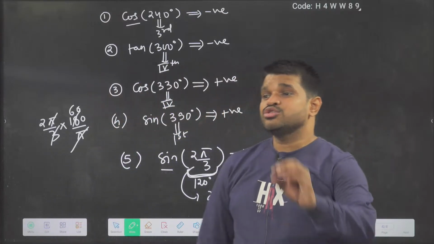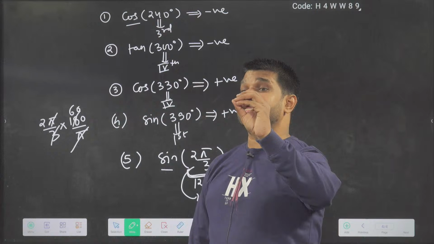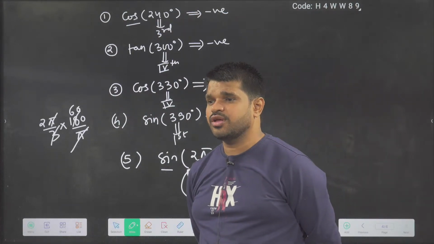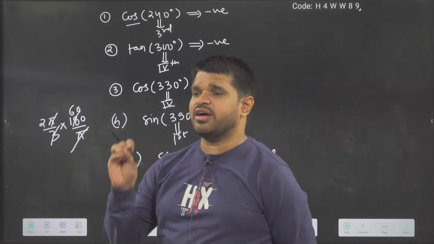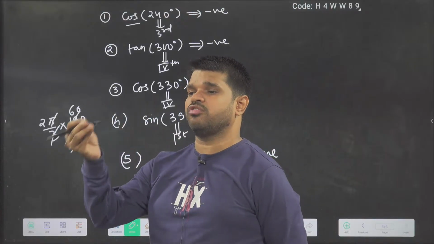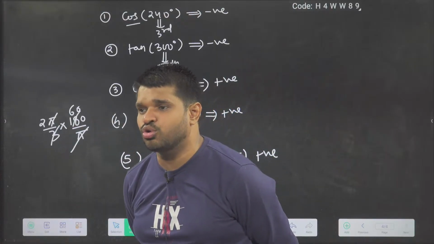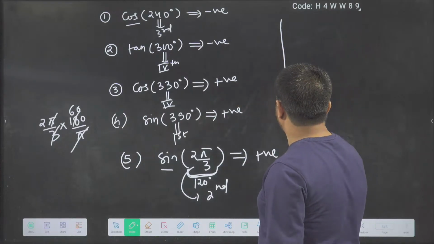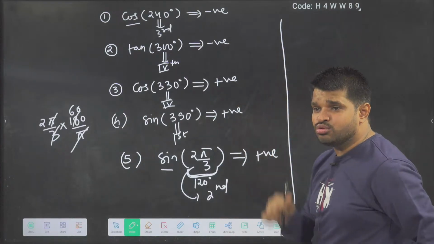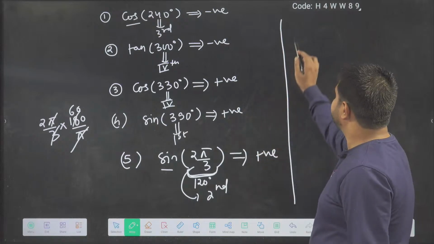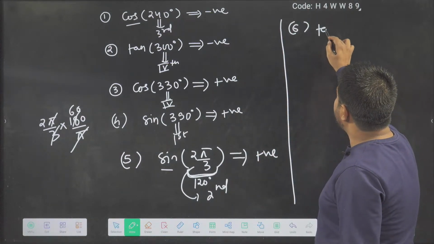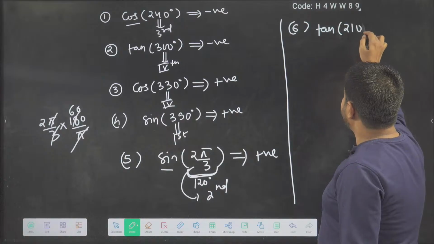Clear? So first of all, whether the ratio is positive or negative is clear. Is it clear to everyone how to decide whether a ratio will be positive or negative? A few more I am asking, then I will proceed with the values. Sixth. Tan 210 degree.